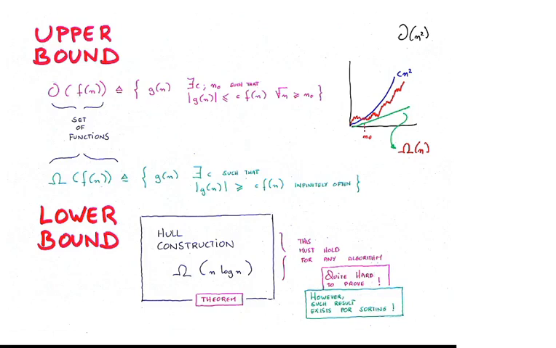Typically, we will prove that the hull construction cannot be performed faster than with an n log n algorithm. Of course, the constant might be improved, but you will never obtain a linear algorithm. That is impossible.